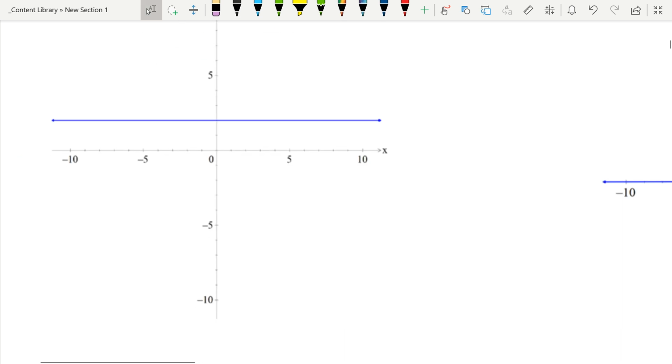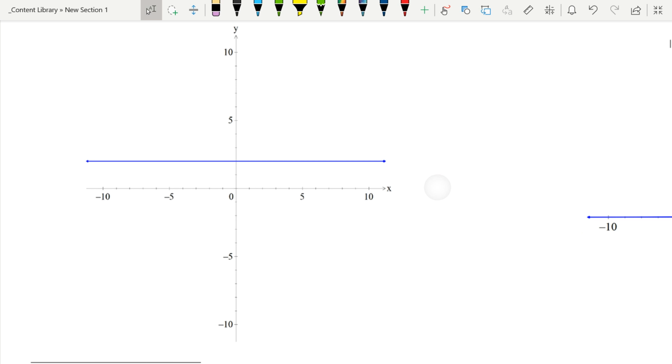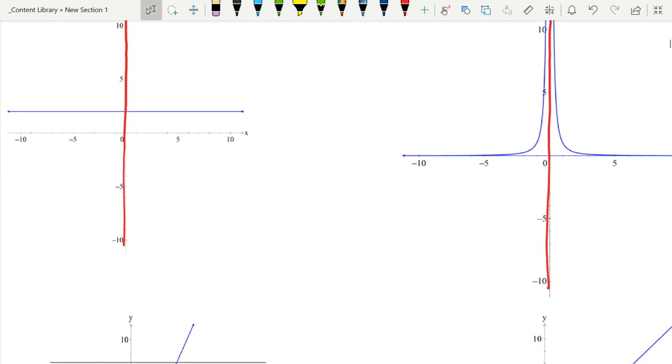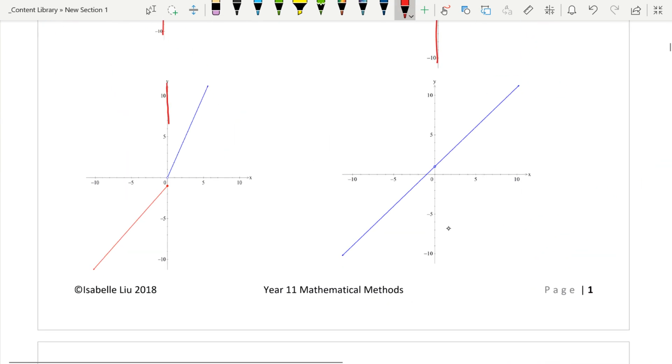Let's look at the first one. 0 is here. So which point am I looking at? I'm looking at x equals 0. What I want to do is draw a vertical line at that point. For all of these graphs, I'm talking about when x equals 0, what y value it approaches. So the first thing I will do is draw a line at x equals 0 for all of these graphs.